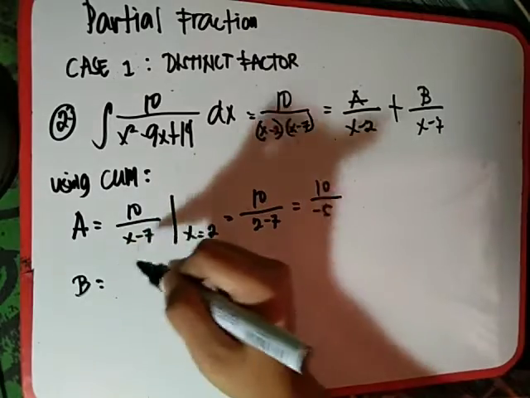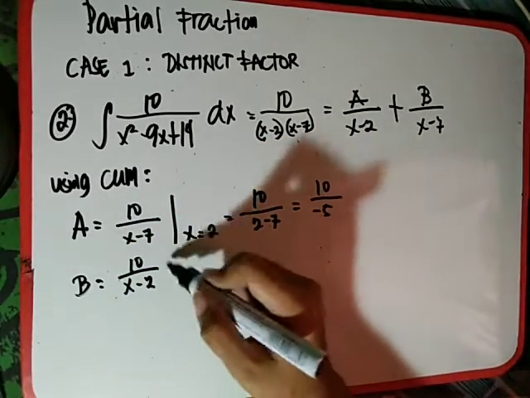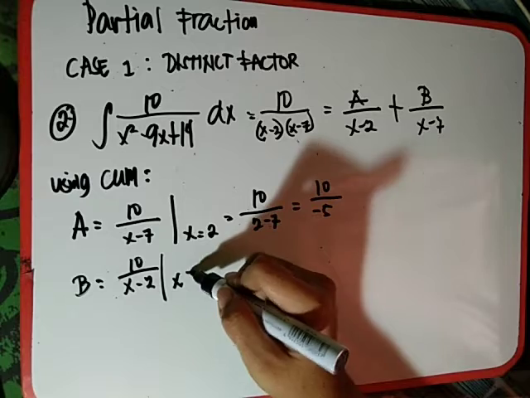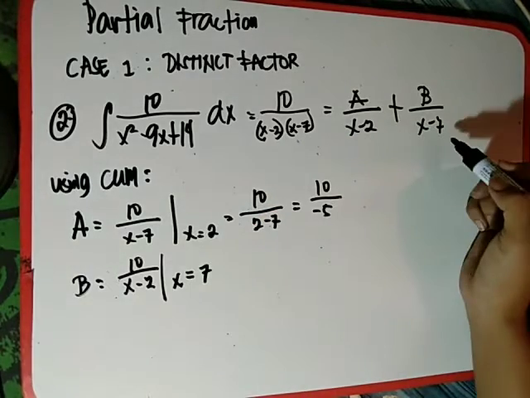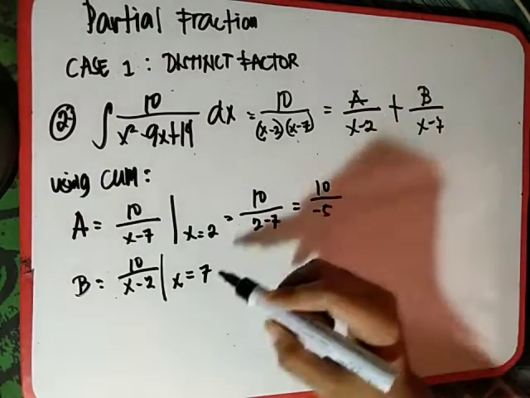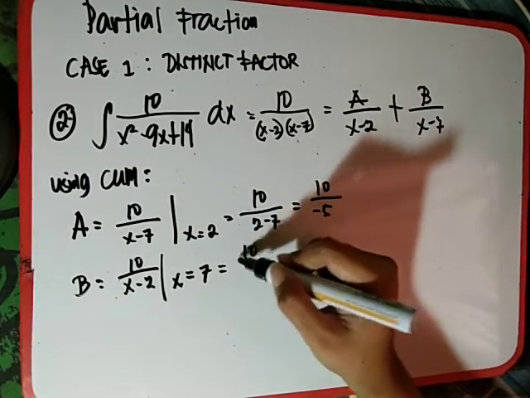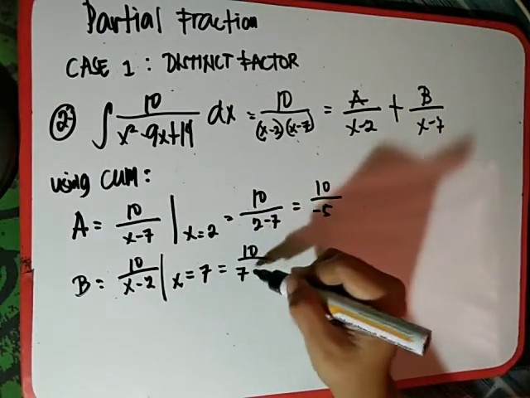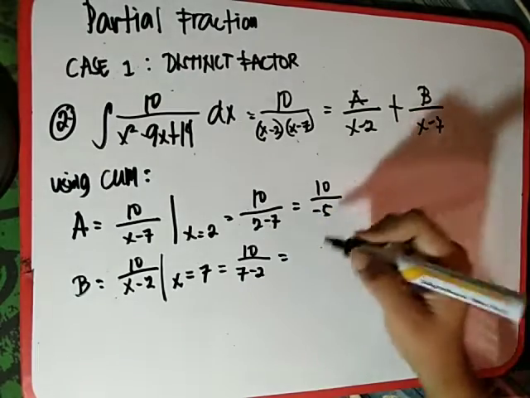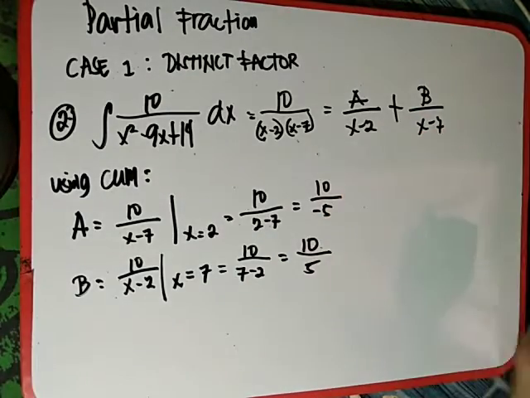Then b is equal to 10 over x minus 2. We will eliminate positive 7 and negative 7, so we have to add positive 7, is equal to 10 over 7 minus 2. That is equal to 10 over 5.